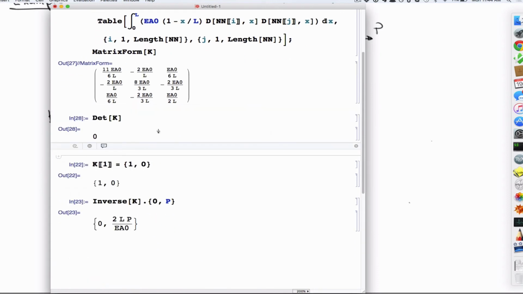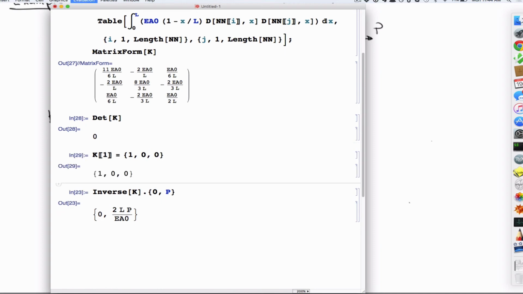Still singular. We'll modify the first row, and then modify our force vector. And so this is the displacement at the center node, which is 1/4 the displacement at the end, which sort of makes sense because it would be half if it was a uniform cross section. But I have a triangular cross section that has a slope of a half. So then it's 1/4 the displacement at the midpoint.